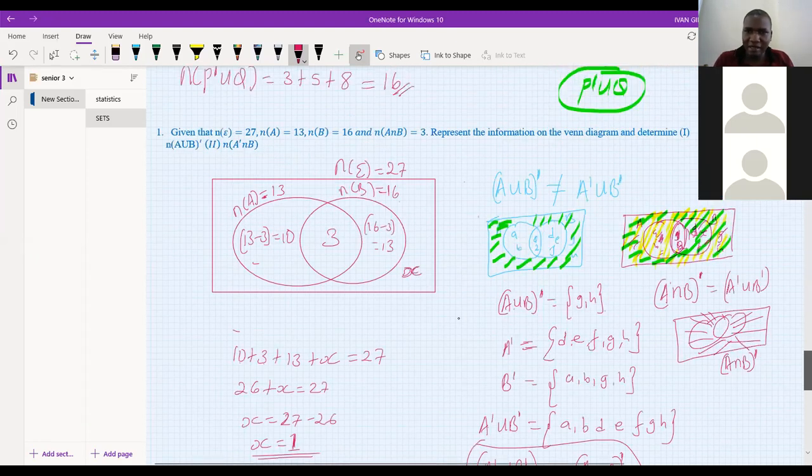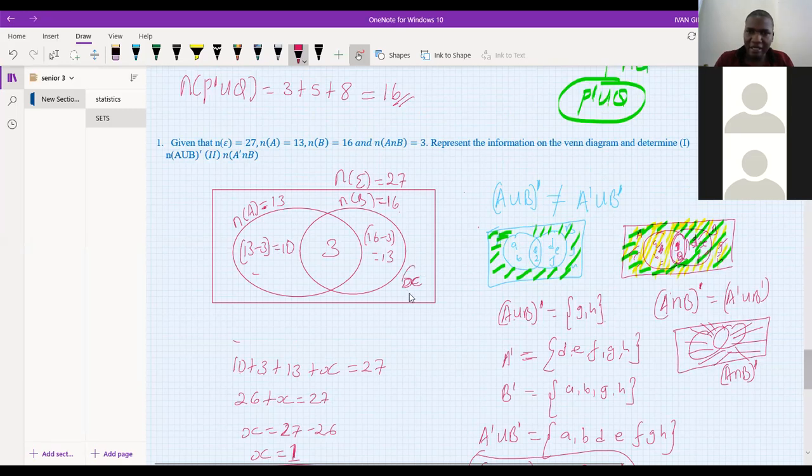Now, like this x here is the same as A complement intersection B complement. And it's also the same as writing A union B complement. The two are the same. Because intersection, like in this shading here, means the yellow and the green are in that region.